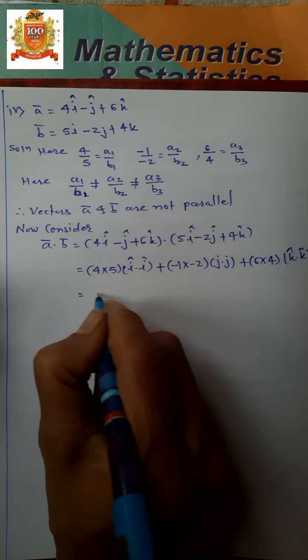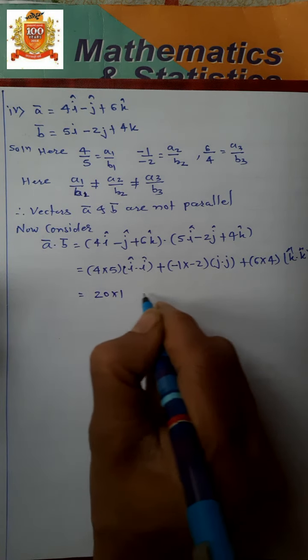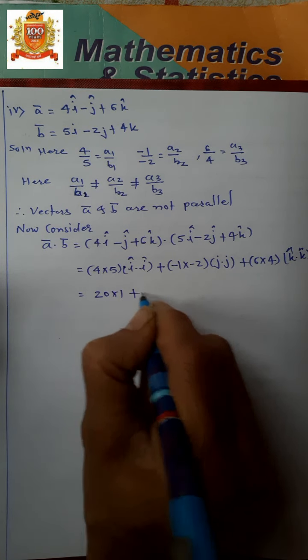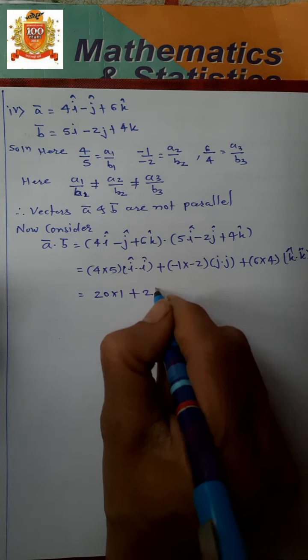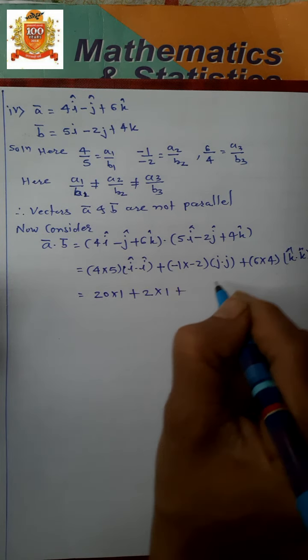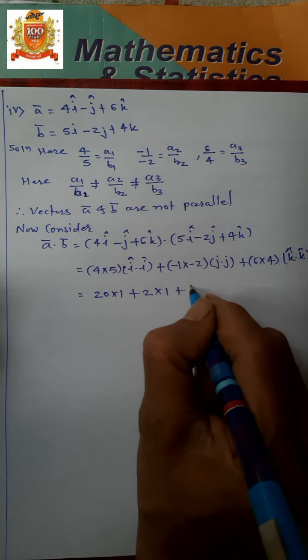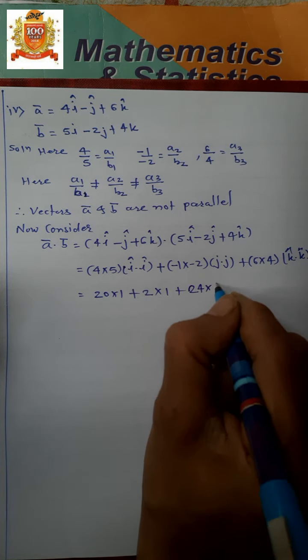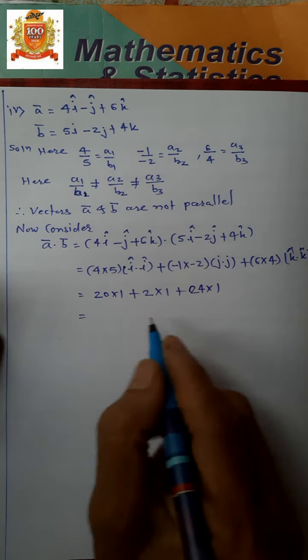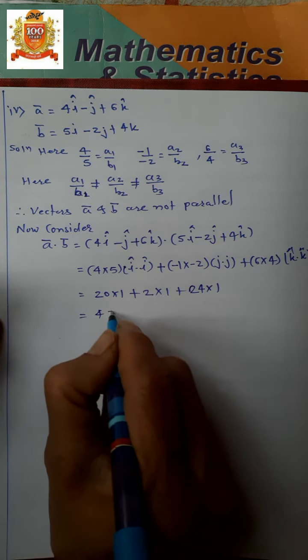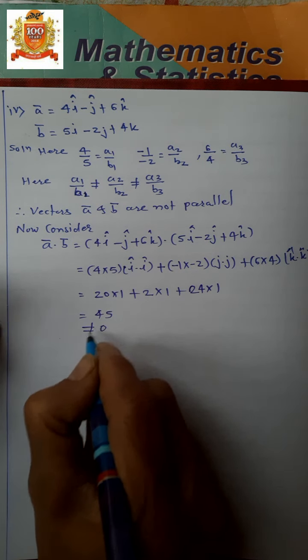That is equal to 20 into 1 plus 2 into 1 plus 24 into 1, that is equal to 46, which is not equal to 0.